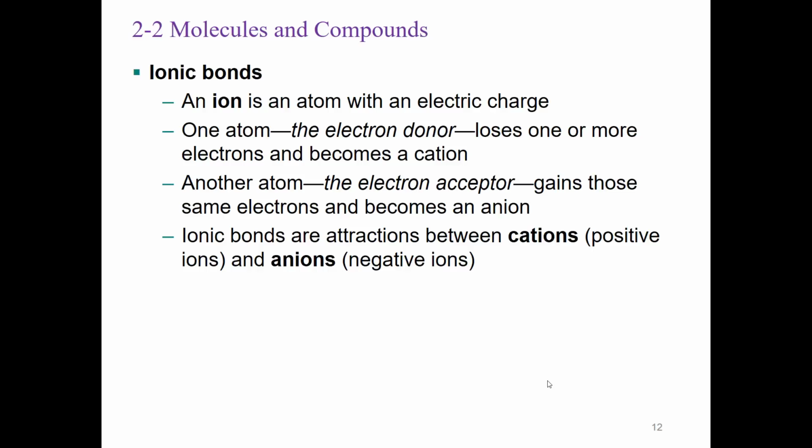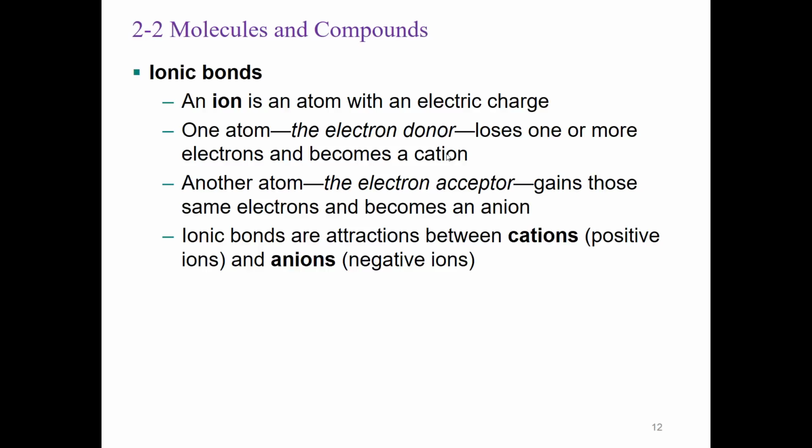So that atom is a cation. And one little tip to help you remember cation, the T in cation reminds us of a plus sign. So that T should make you think of a plus or positive charge on that atom or ion.